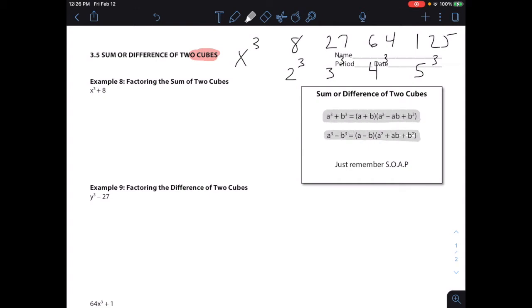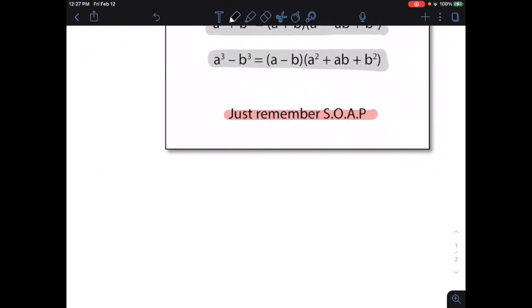So you're probably looking at that saying, oh goodness, there's signs and letters and numbers and there's a whole bunch of them and they're very similar. How am I going to remember that? Well, the key to remembering it is this word down here, SOAP. SOAP stands for same, opposite, always positive.